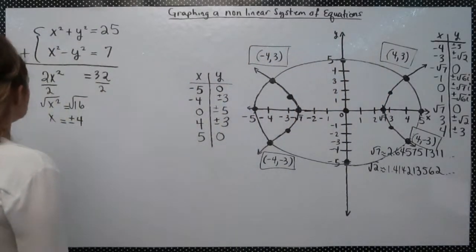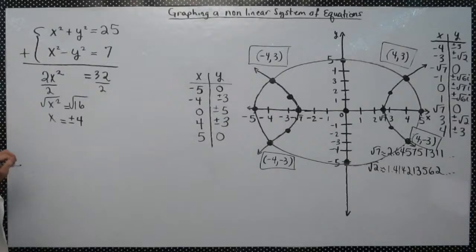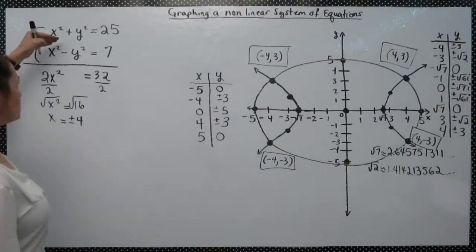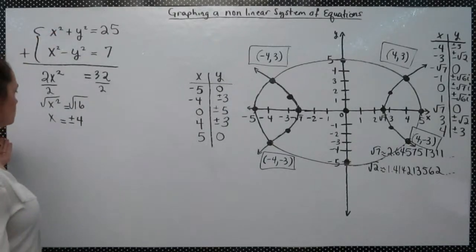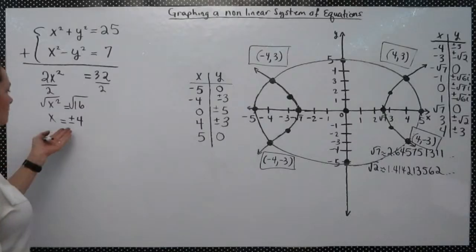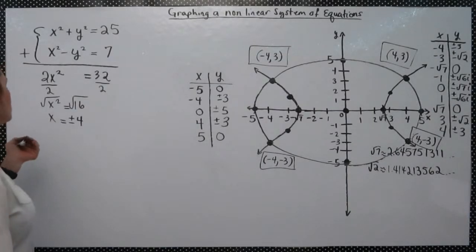Then you're going to take either one of these equations to get your y's now. I prefer positive, so I try to stay positive, but we're going to have to deal with negatives anyway. So we could just take that first one. Either way, you're going to plug in.